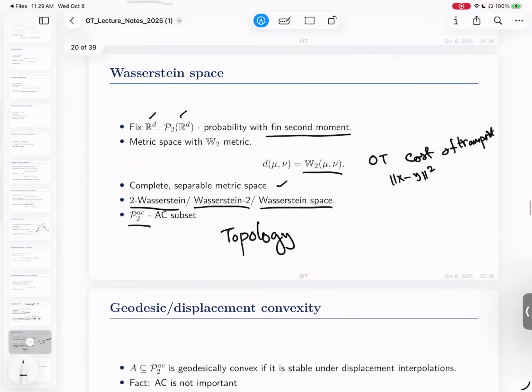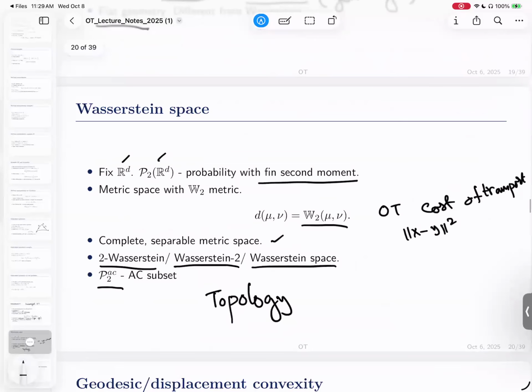I have a metric, and the metric obviously gives me a topology. What this means is that mu_n converges to mu if the Wasserstein distance converges to zero. But there's an easier description of this topology which doesn't require computing the Wasserstein distance.